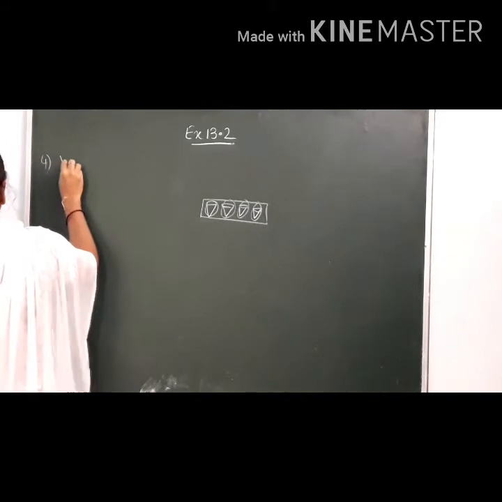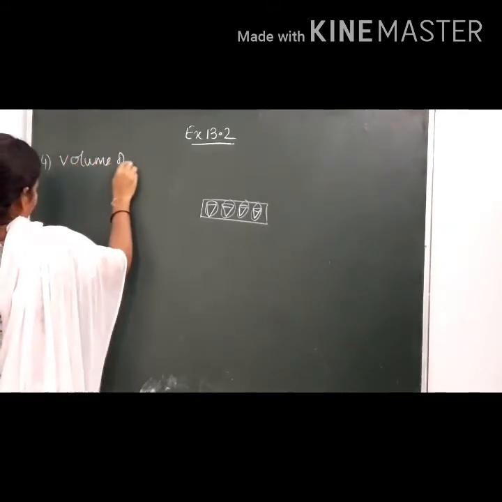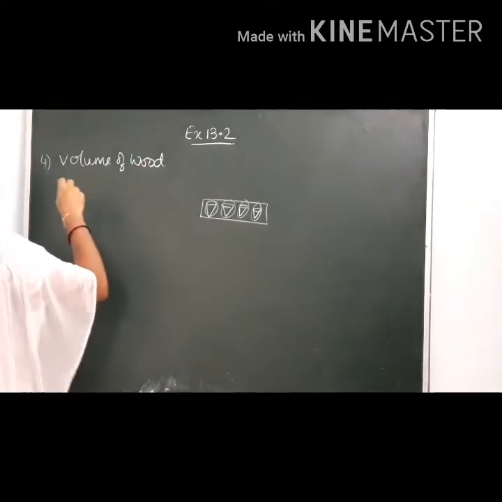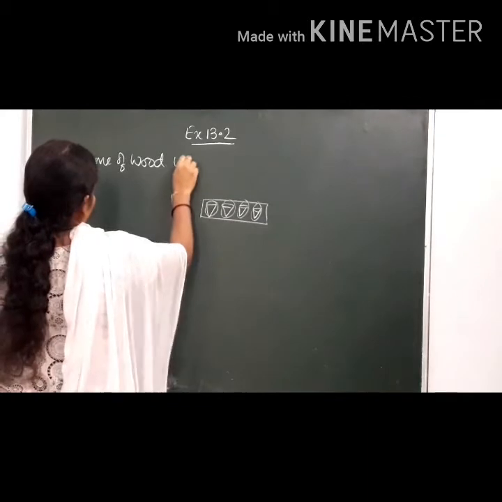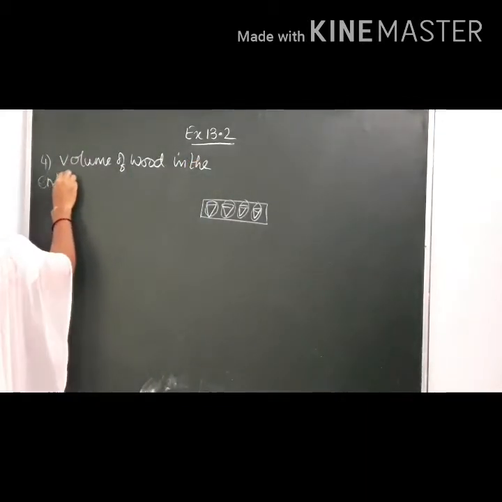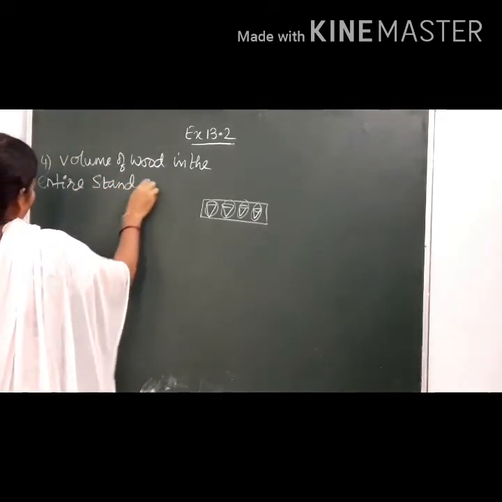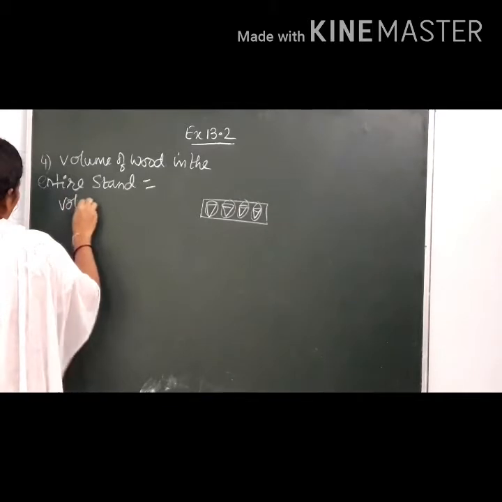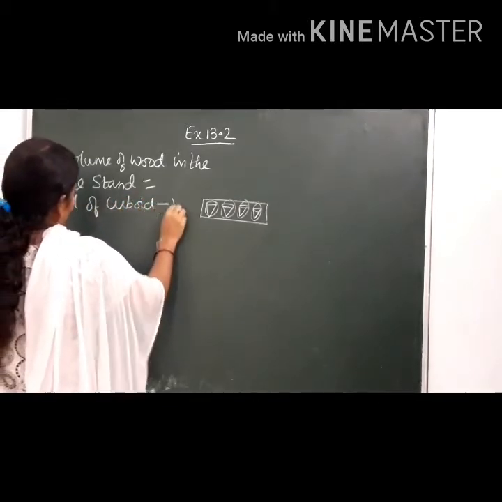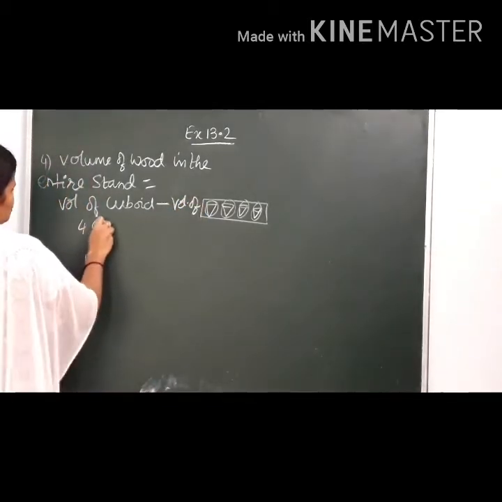The volume of wood in the entire stand is equal to the volume of the cuboid minus the volume of 4 cones.